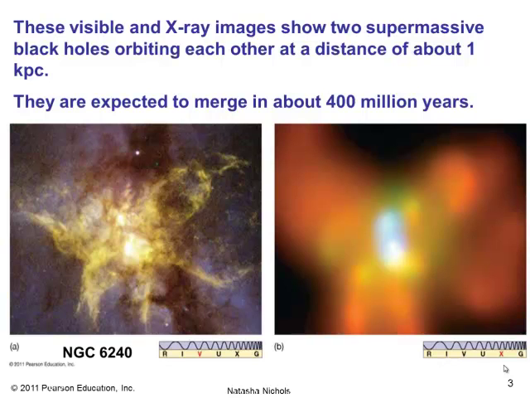According to theoretical estimates, they will merge in about 400 million years, releasing an intense burst of gravitational radiation in the process. The colors of the optical image are real. The false colors in the X-ray image indicate a range of energies in the X-ray band.